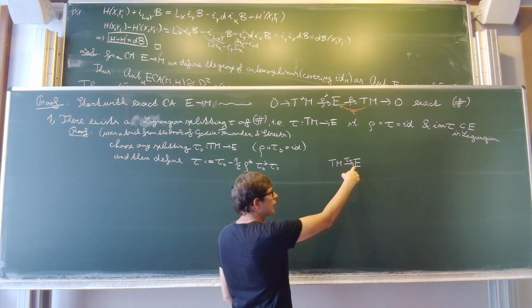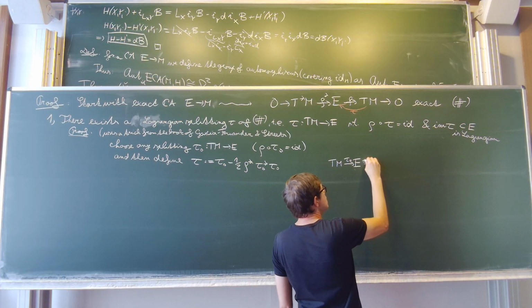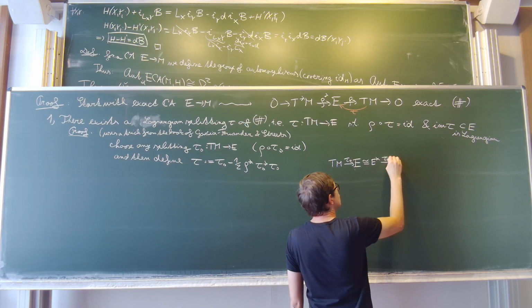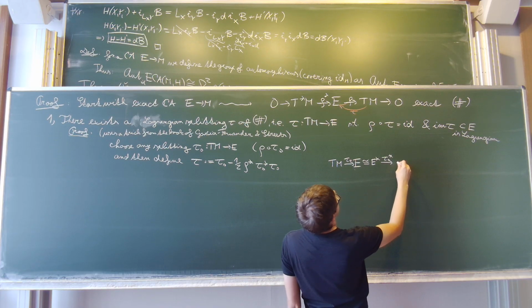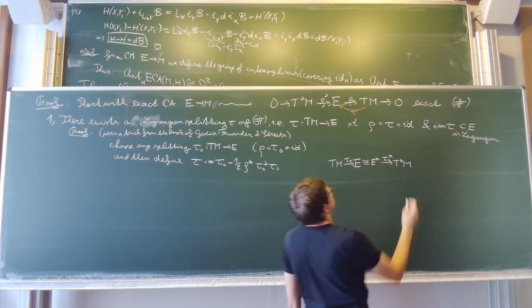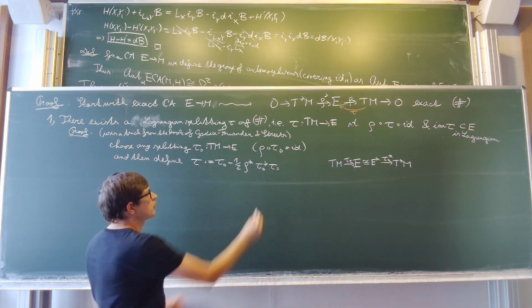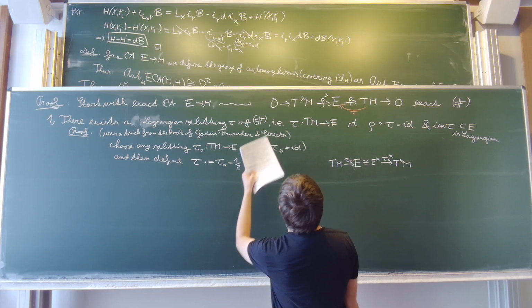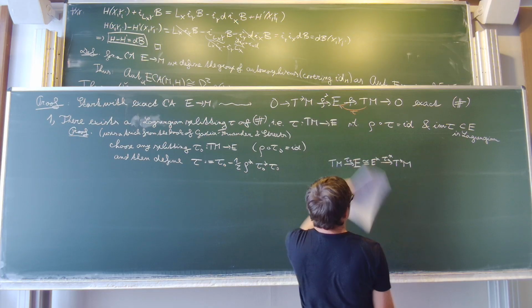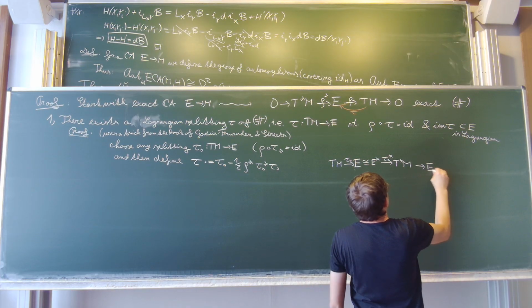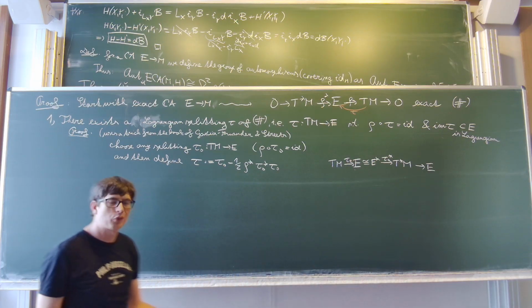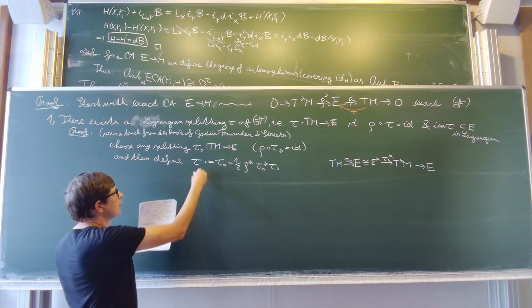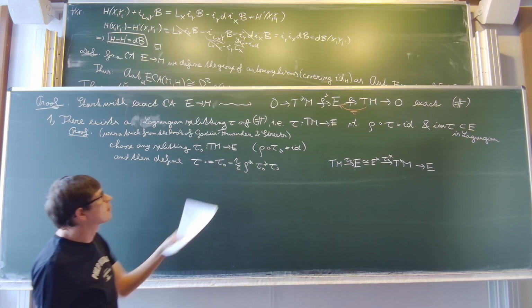So tau 0 star is a map that goes from the dual of this one, which we know is the same by declaring, to the dual T star M. So far we are here. And then we apply rho star. And rho star again goes from the T star M to E. Okay, so we have a map that goes from TM to E. So it seems to be well defined. It is linear, because this is just a composition of linear maps.